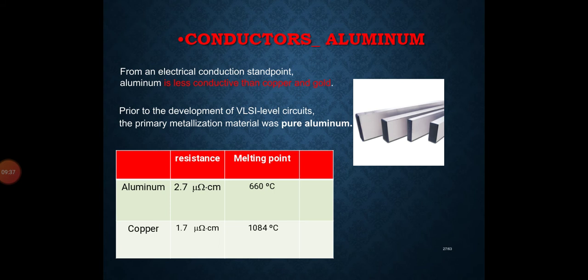We used aluminum because it has relatively good conductivity. It is easy to deposit onto the wafer by vacuum evaporation. It has good adherence to the silicon dioxide surface. Aluminum forms low resistance contacts. So these were the properties, and that's why in previous technology we always used aluminum as a conductor.